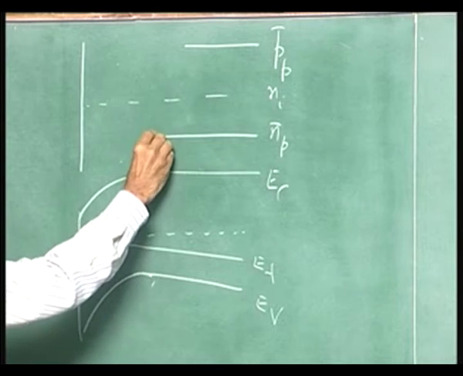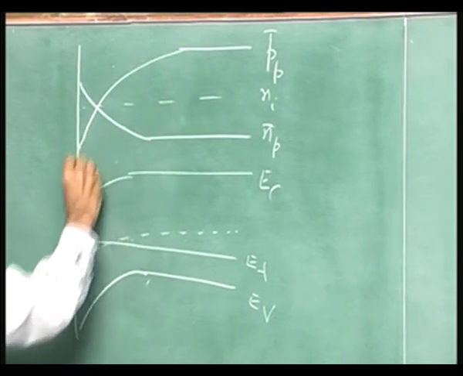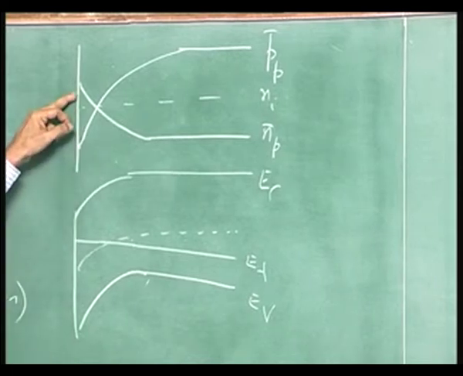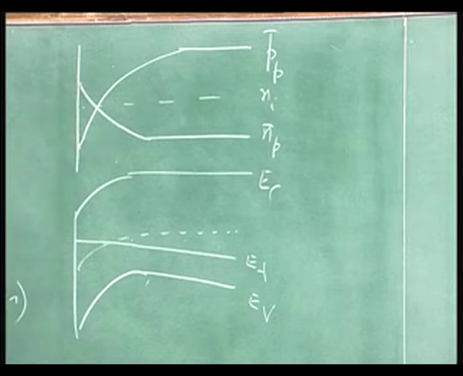From here onwards, it goes up like that and it goes down like that. Surface concentration is much higher than this; this is the basic principle of MOSFET. Exactly the same thing happens here.